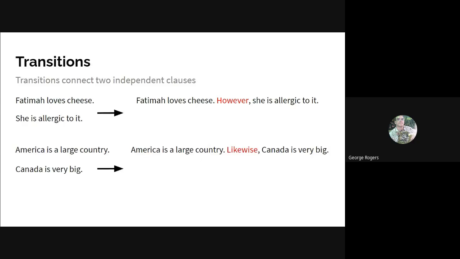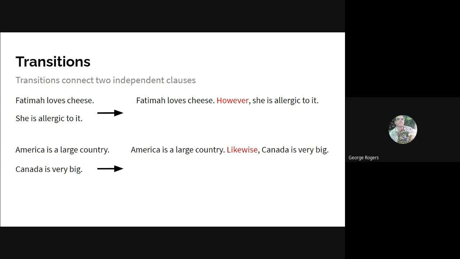So, this is the way we're pointing out, using a transition. America is a large country. Likewise, Canada is a very big country. Right? So one thing to point out with transitions, we'll talk about subordinators later, is if you have two sentences, it's a transition.